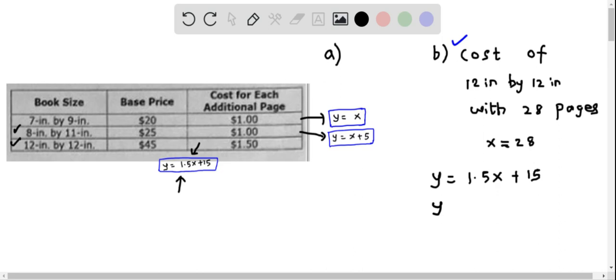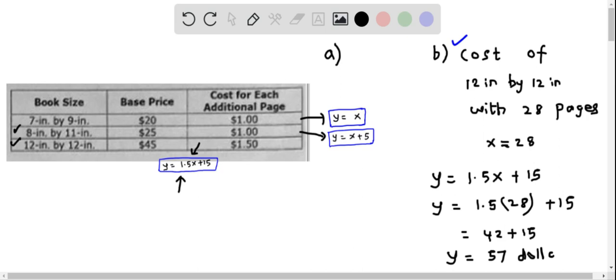I replace x by 28, so this becomes 1.5 times 28 plus 15, and 1.5 times 28 is 42, so this becomes 42 plus 15, and this equals 57. So it's $57.